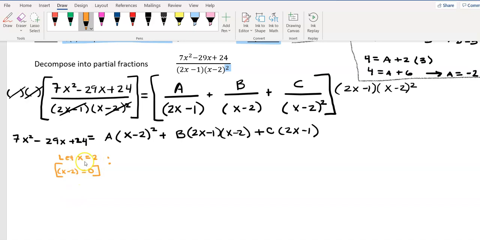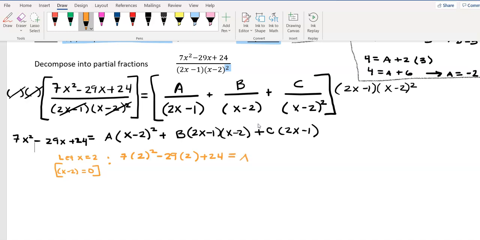So now that I know I'm going to have x equals 2, I'm going to plug a 2 into every x in this long equation. So it's going to be 7 times 2 squared minus 29 times 2 plus 24. Now that'll get us the left-hand side.